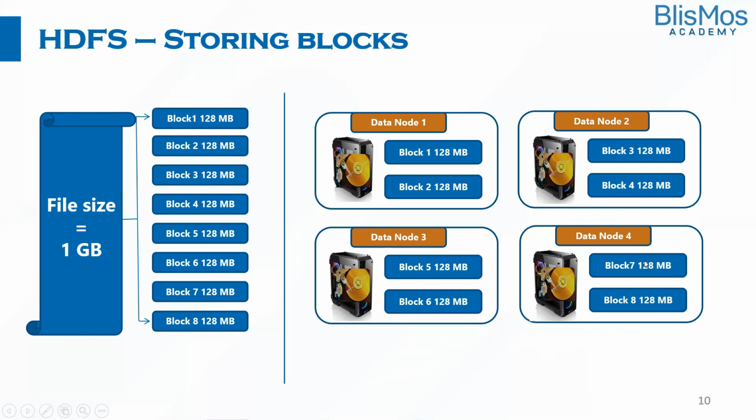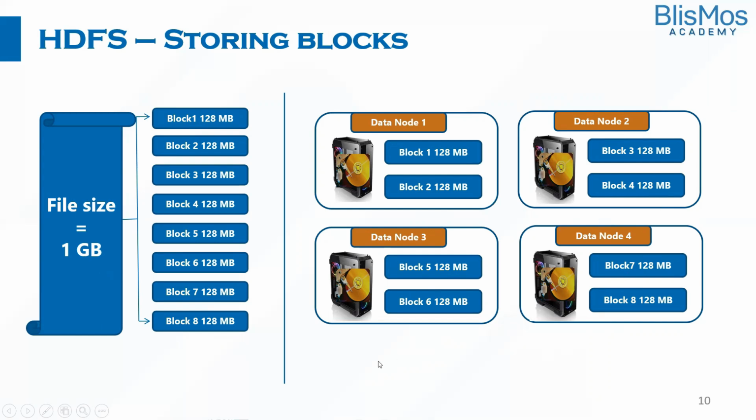The seventh and eighth blocks would be distributed to data node 4. Like this, whatever the amount of data you have, it would be split into smaller chunks of 128 MB size, and those blocks would be distributed across the data nodes available in a cluster.